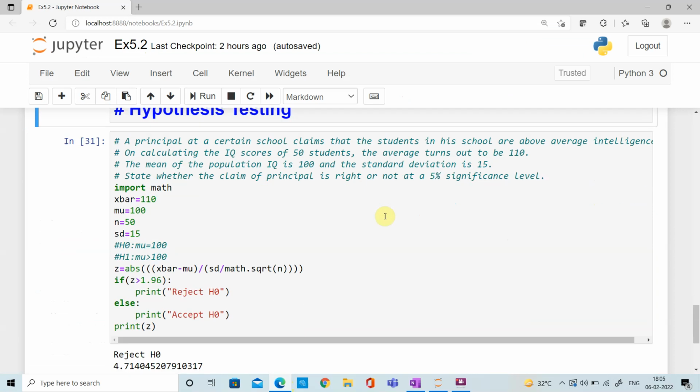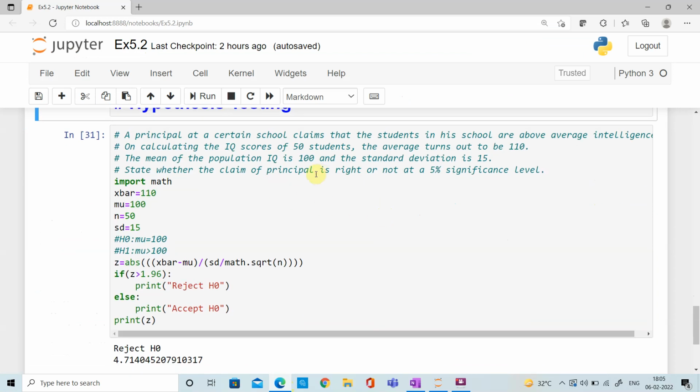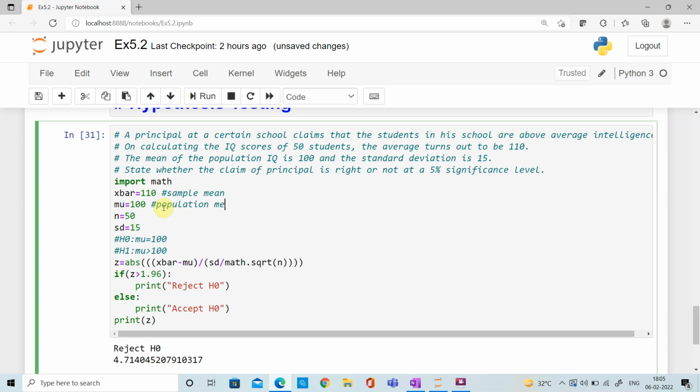Same thing, I have given a question. From the question, I take all the values. X bar is my sample mean, mu is my population mean, n is the number of samples, and this is my standard deviation.